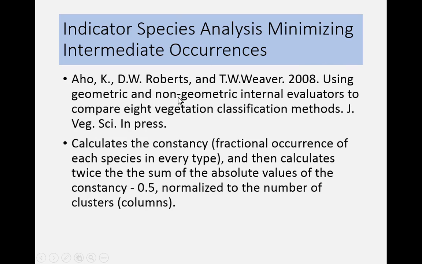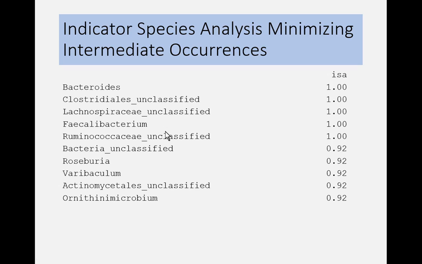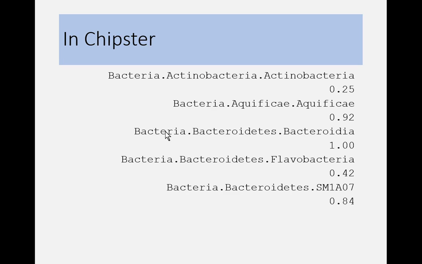That paper is actually rather good for explaining what those numbers exactly are. Here's how it's basically calculated. It's just slightly hard to see from the matrix. And in Chipster it looks slightly different, but still similar kinds of numbers come out from that too.